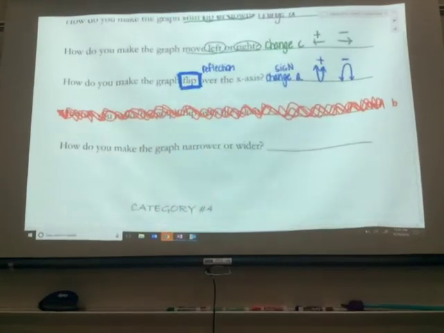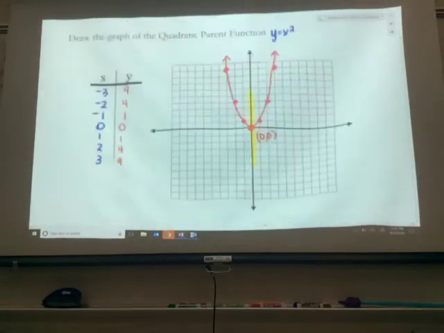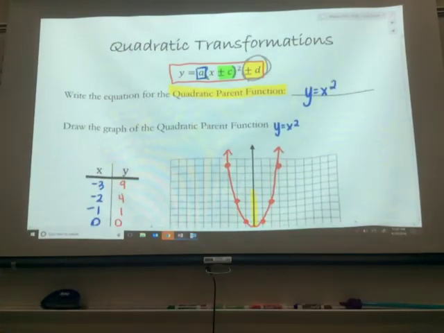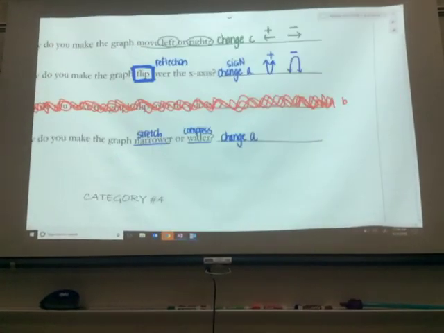And the last thing we're going to talk about is making something narrower or wider, which technically means stretch or compress. The only way we can do that is by changing that number in front of our x. The only number in front of our x would be letter A. Let me go ahead and highlight that. So A changes if it's going to be narrow or wide. So we've got to think about if A is a fraction, it compresses.